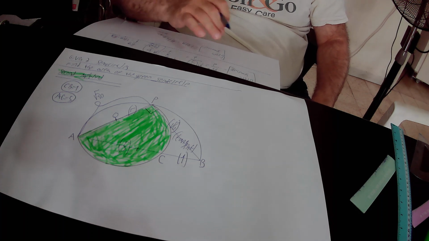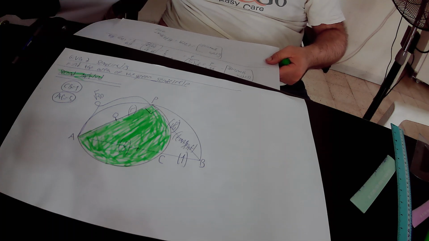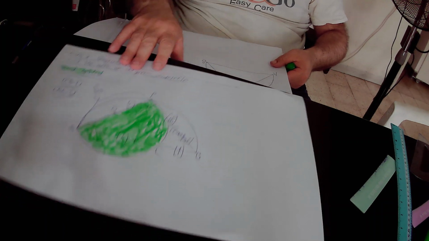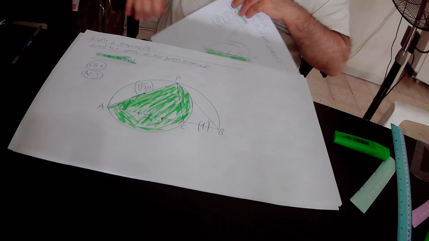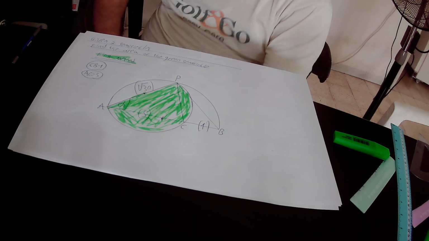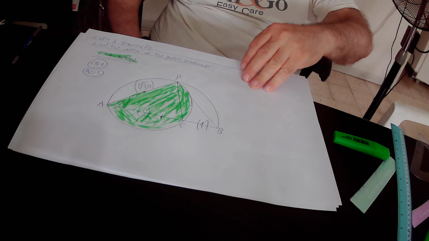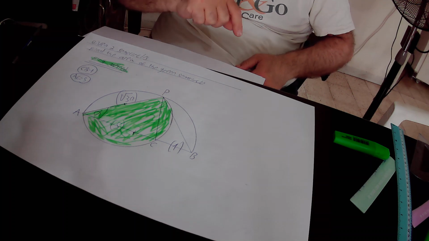In the next step, I will summarize the lecture. We'll start with the first method. In this lecture, we found out the area of this green semicircle using two different methods.